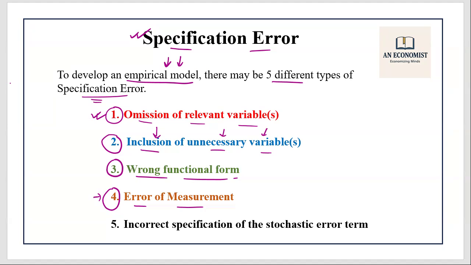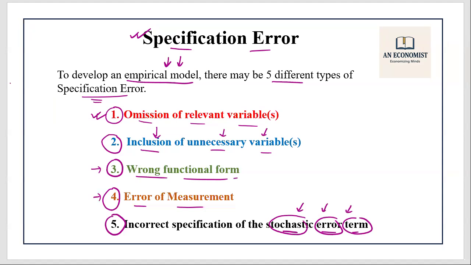This is the fourth point, and there is a fifth possibility, which is the incorrect specification of the stochastic error term. So this point is almost similar to the wrong functional form, but this is defined only on the stochastic error term. As we know, any kind of econometric model has a stochastic error term to capture the real life complexities.